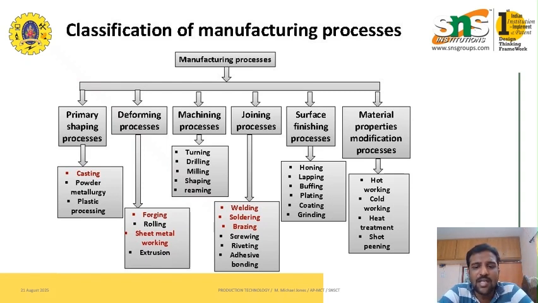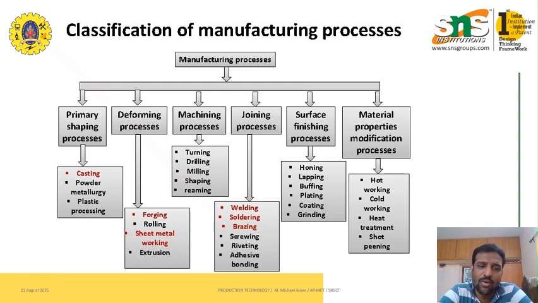Material properties modification concerns properties like yield strength, fatigue, creep resistance, hardness and brittleness. We can also modify the material properties of any raw material. Those processes can also be termed manufacturing processes, but in general we do not include them in pure manufacturing or machining jobs.